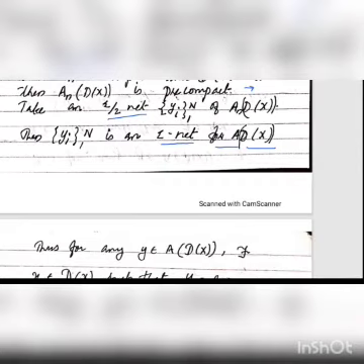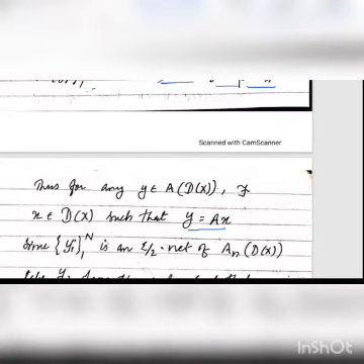Thus, for any y belonging to A of Dx, this follows from the fact that yi is an epsilon by 2 net. Now An converges to A. Therefore, this yi serves as an epsilon net for A Dx.